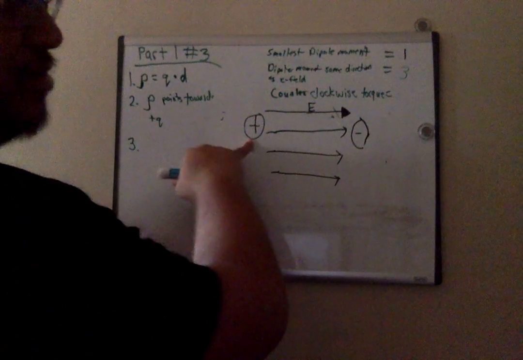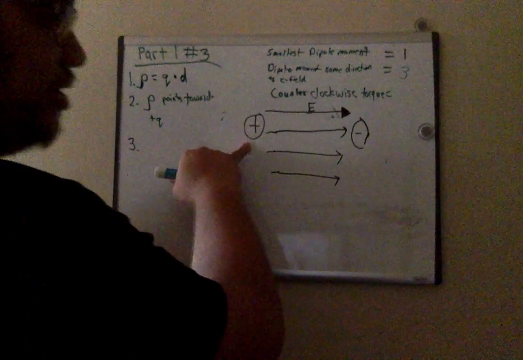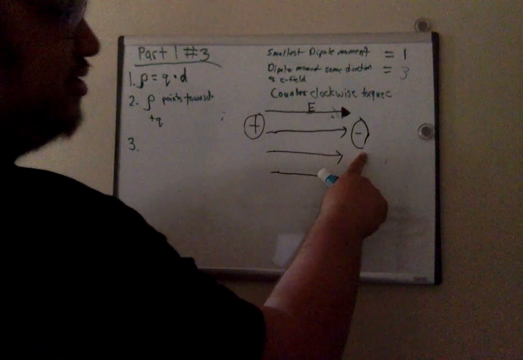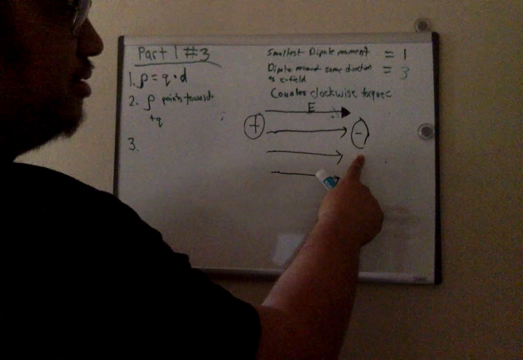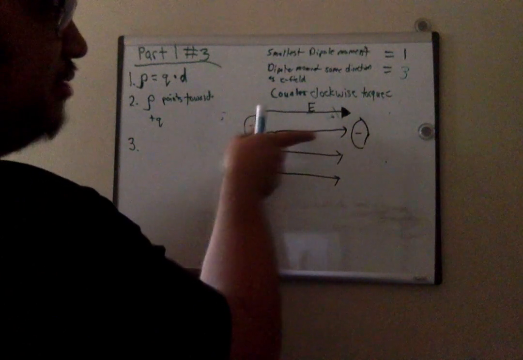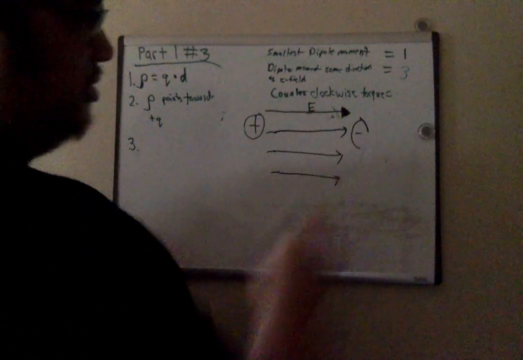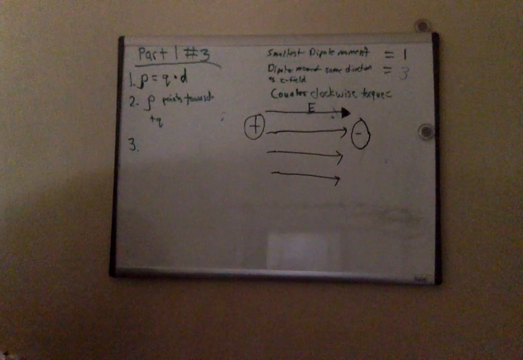It's either being created by a positive charge here, because electric fields point away from positive charges, or by this negative charge, because electric fields point towards negative charges. So it could be either one of these options.